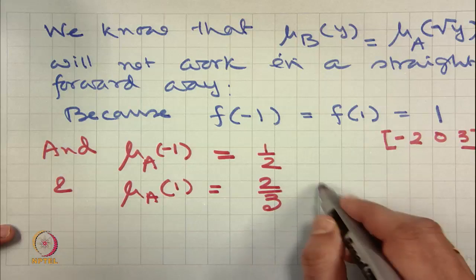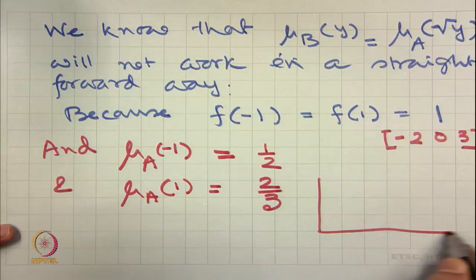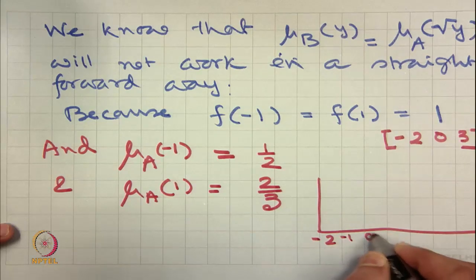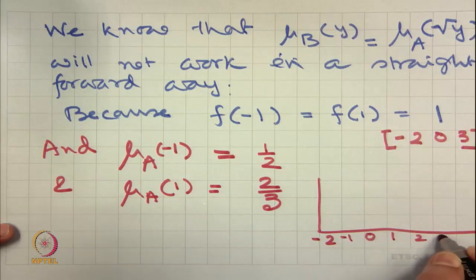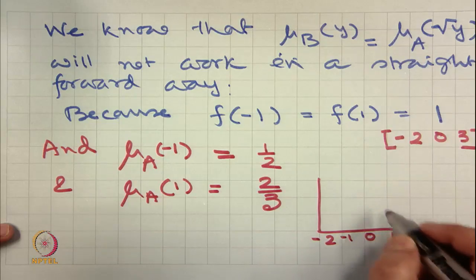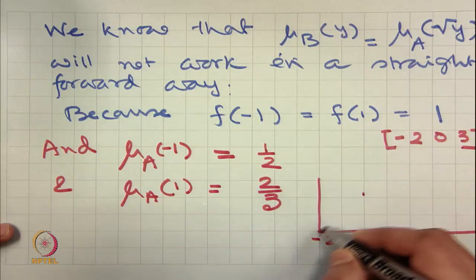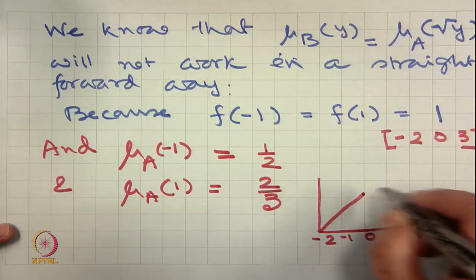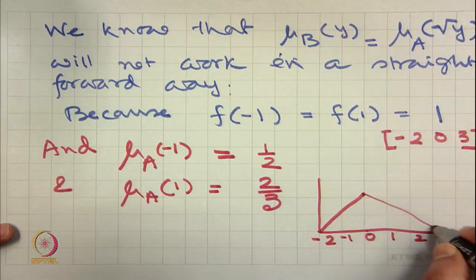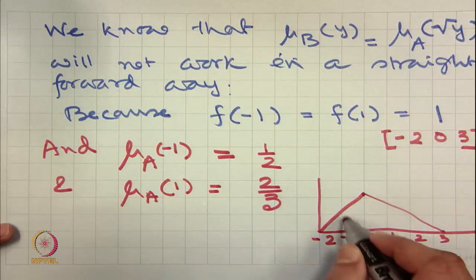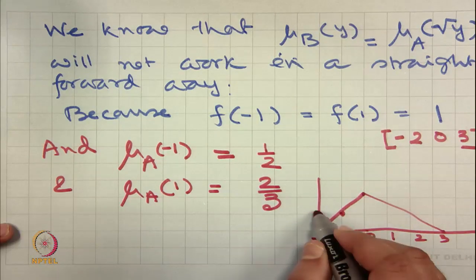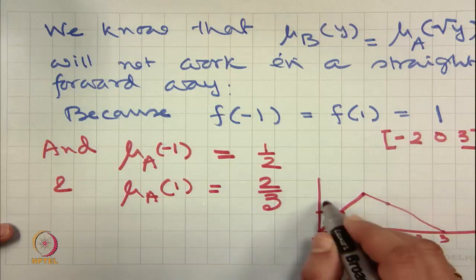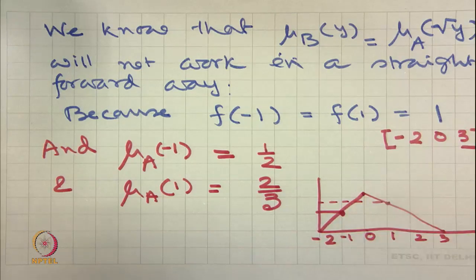This is clear, because if this is minus 2, minus 1, 0, 1, 2 and 3, and at 0 it is 1, therefore, I get this type of picture. Therefore, membership at minus 1 is equal to half, and membership of 1 is equal to 2 by 3.